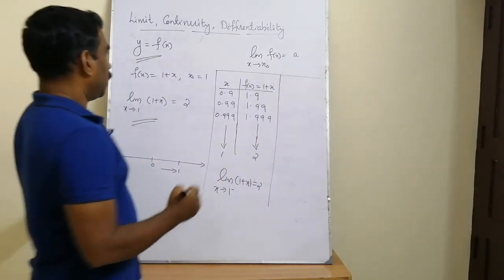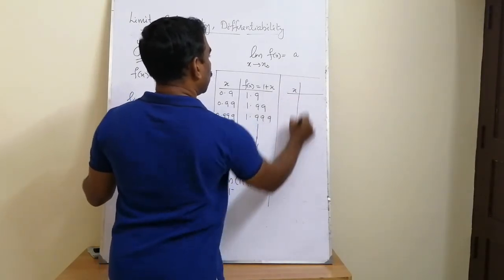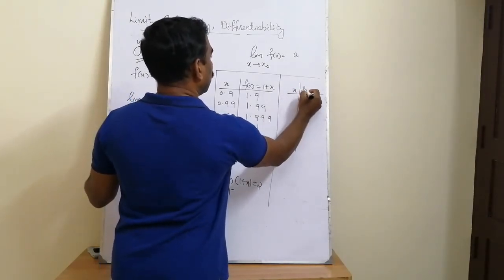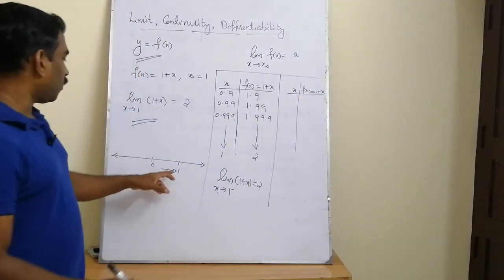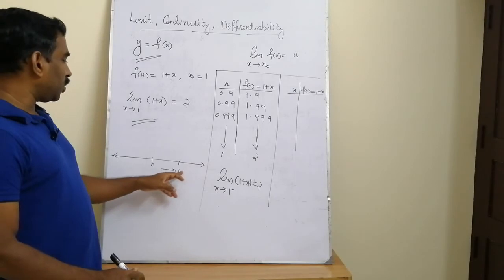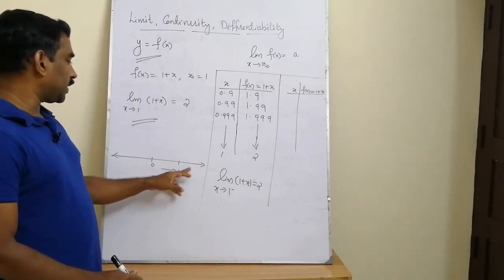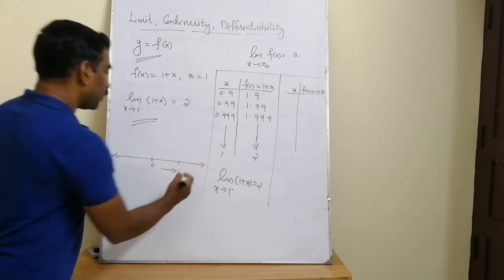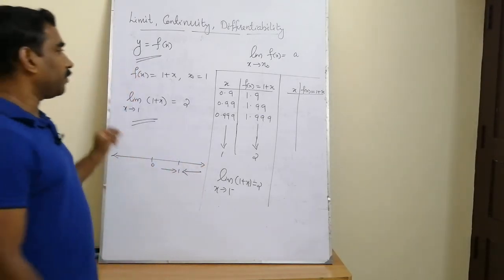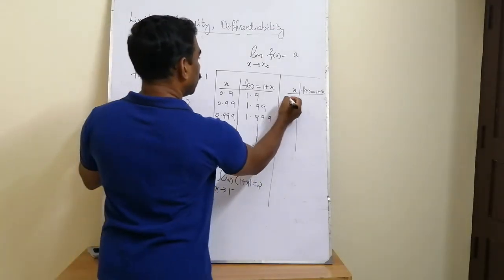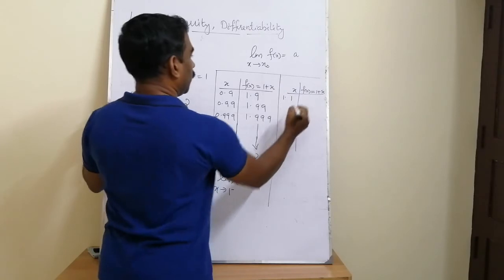And similarly, we prepare another table with the x values and f(x) equal to 1 plus x, for values of x which approach 1 from the right side of 1. To the right side of 1, the values of x are greater than 1. That means the values successively decrease and finally coincide with 1. Say the value is 1.1.